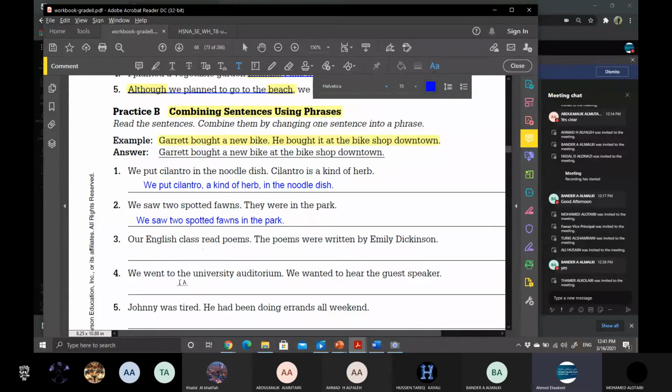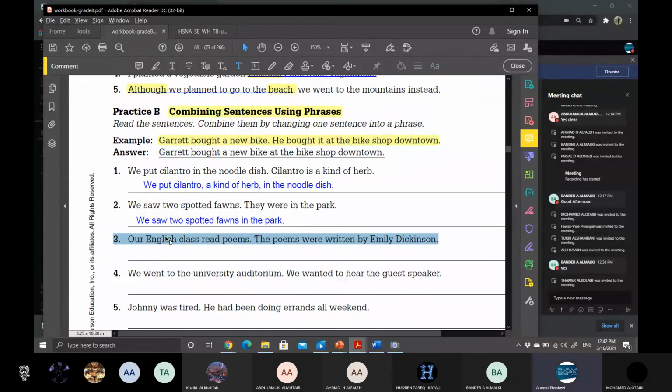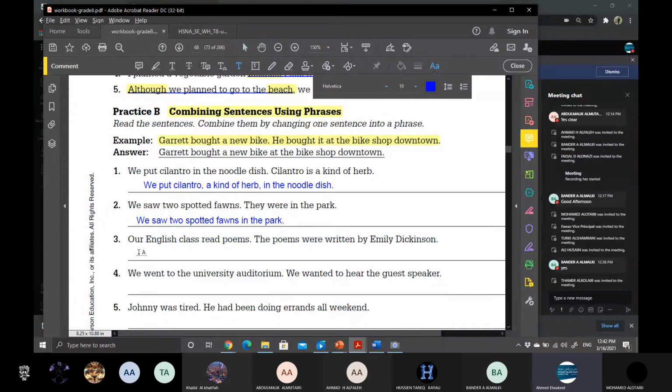In number three, our English class read poems. The poems were written by Emily Dickinson. That's pretty easy. Who can solve this? Who can solve number 3?